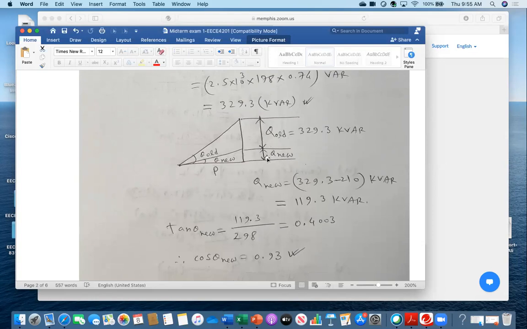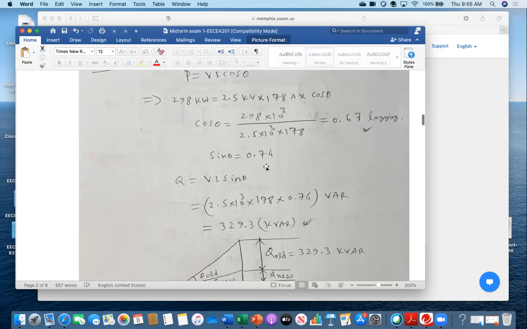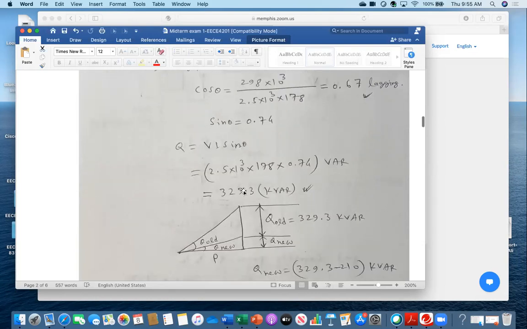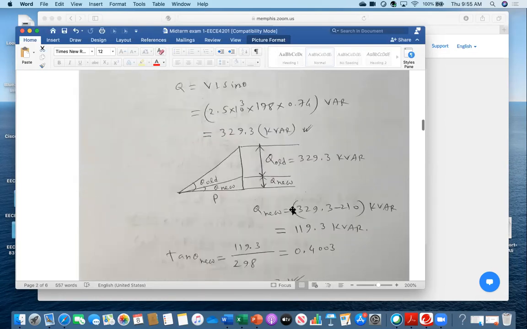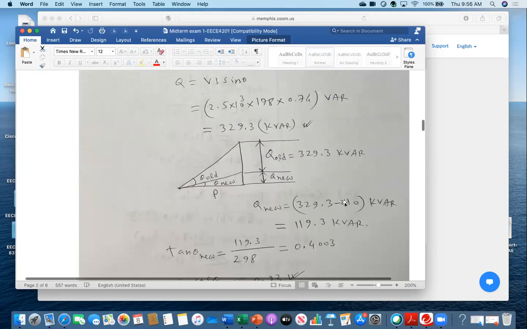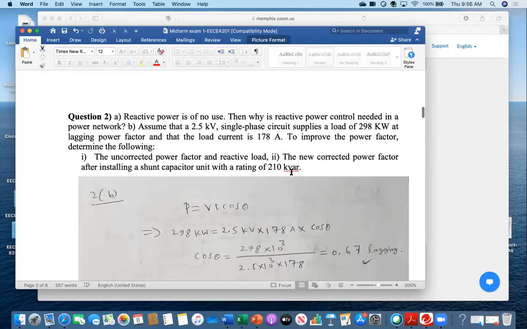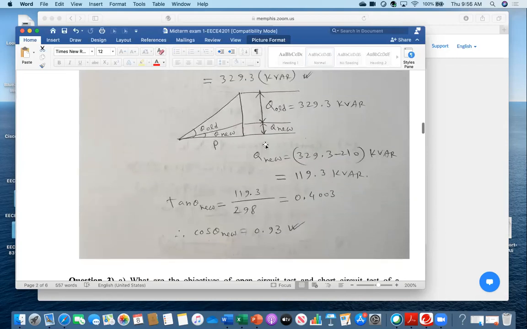This is the Q, 329.3, and the capacitor is providing 210. So I'm subtracting that, and my new Q is 119.3.